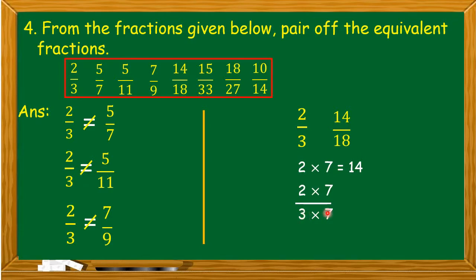After multiplication, we get 2 into 7 is equal to 14 and 3 into 7 is equal to 21. Now the obtained fraction is not equal to the given fraction. Therefore, we say 2 upon 3 and 14 upon 18 are not the equivalent fractions.